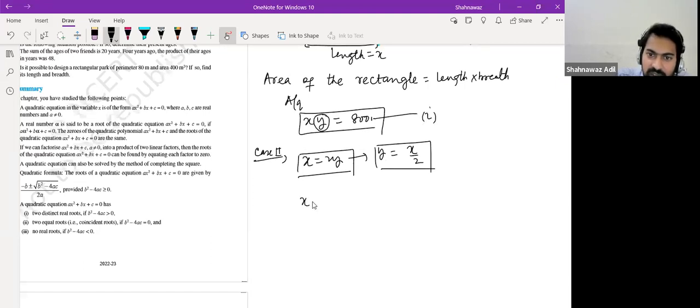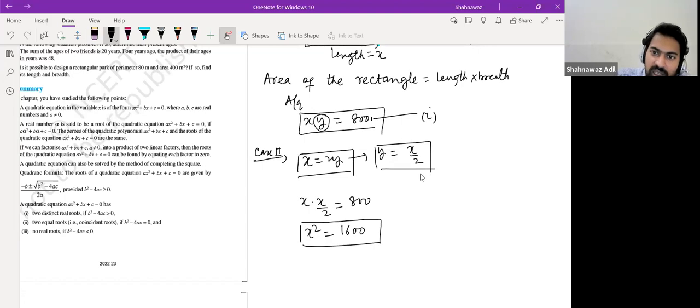So this is x into x by 2, which is 800. So x squared is how much? This is 1600, right? So we can find the value of x squared, but let us check. So x squared minus 1600 is 0.